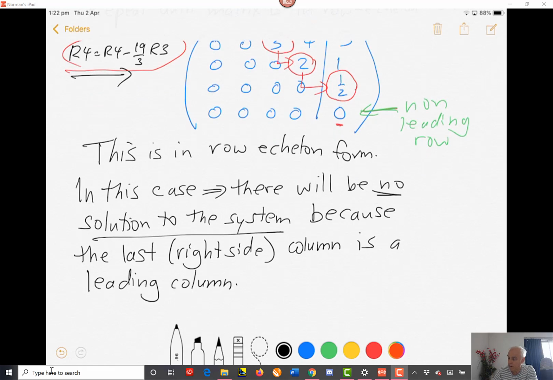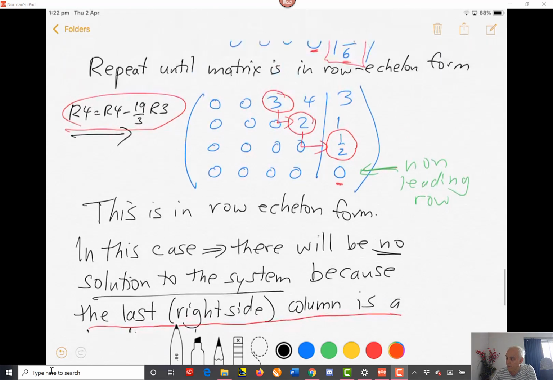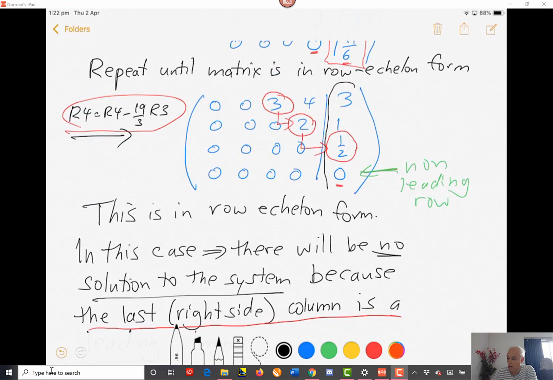Okay, that's very important because the last right side column is a leading column. What are we talking about? We're talking about this column right here. This column here is a leading column because it has a leading entry.